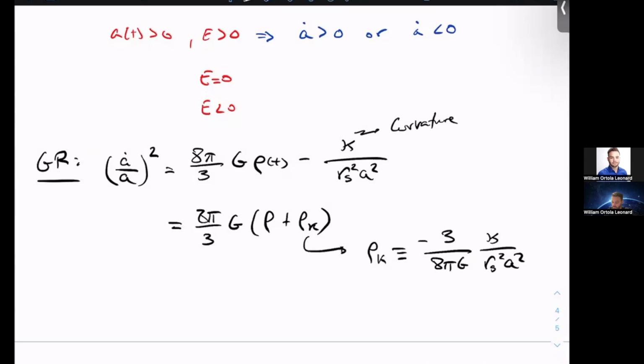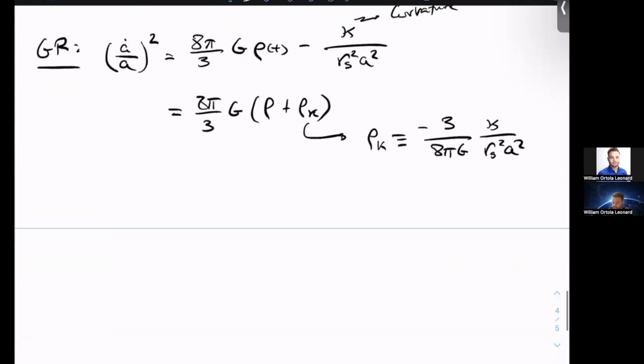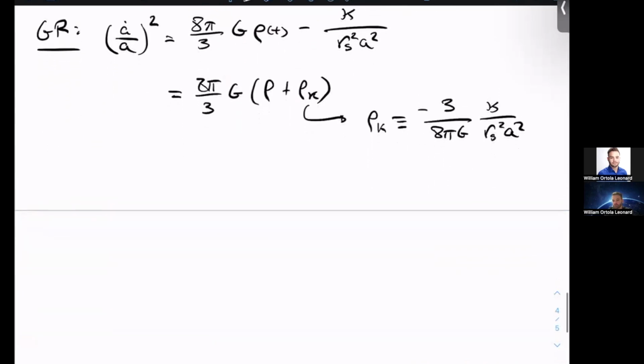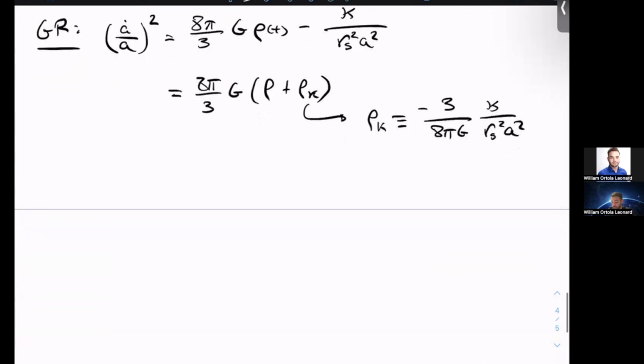All right. Now, there is something that is also going to be very important as we go on to understand some other parameters that we're going to define, and this is known as the critical density. What is the critical density? It is an energy density that we define when our universe is flat.